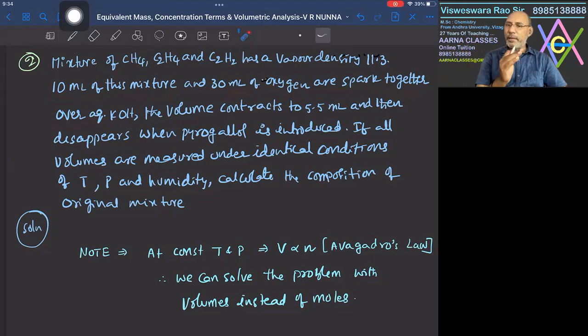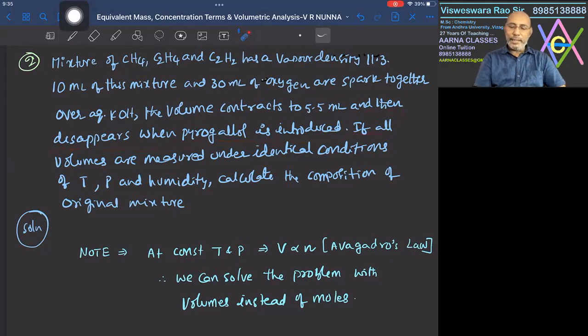The outcome gases over aqueous KOH, it absorbs carbon dioxide gas. The volume contracts to 5.5 ml, and then it disappears when pyrogallol is introduced. That means pyrogallol absorbs oxygen gas. Carbon dioxide is absorbed by aqueous KOH, oxygen is absorbed by pyrogallol.